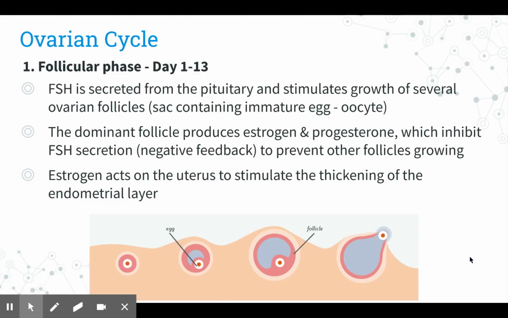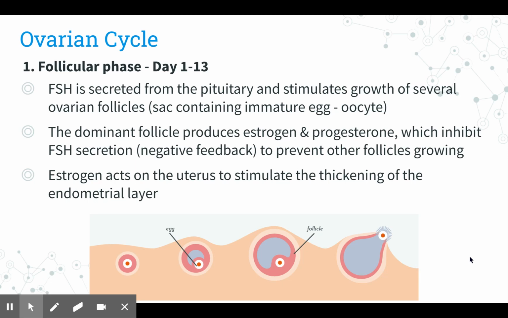So first up in the ovarian cycle, we're looking at the follicular phase. So this is the first half of the cycle that's occurring in the ovaries. FSH, or that follicle stimulating hormone, is secreted from the pituitary and stimulates the growth of several ovarian follicles. Now, a follicle is a sac that contains an immature egg, or oocyte.